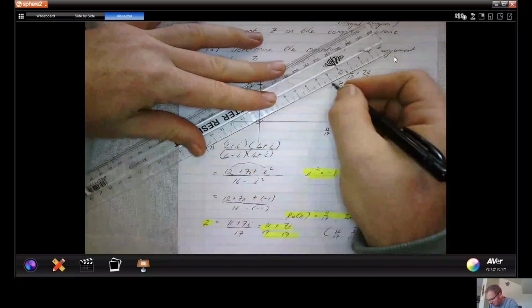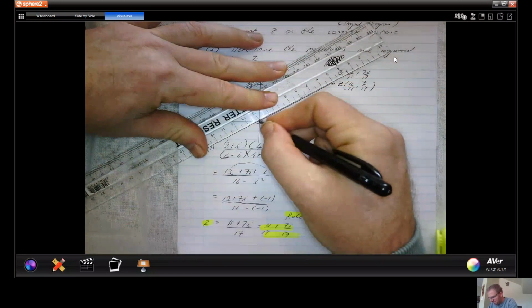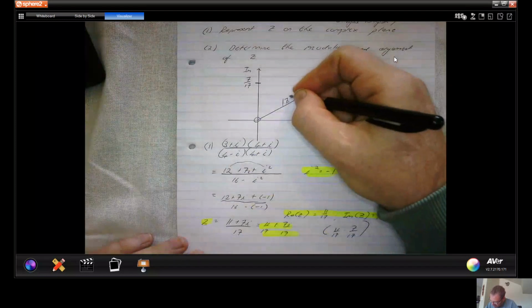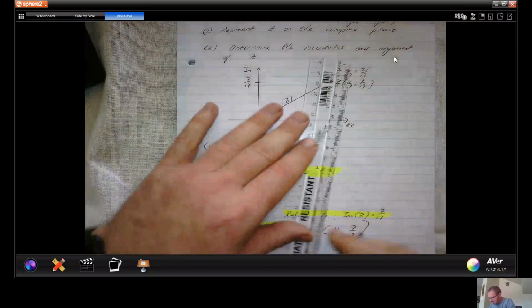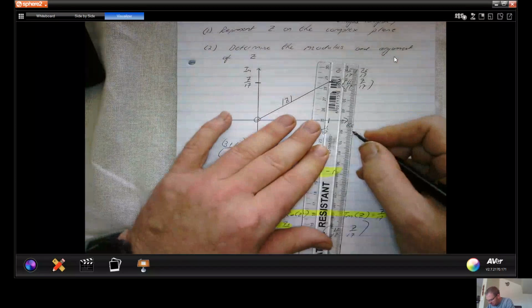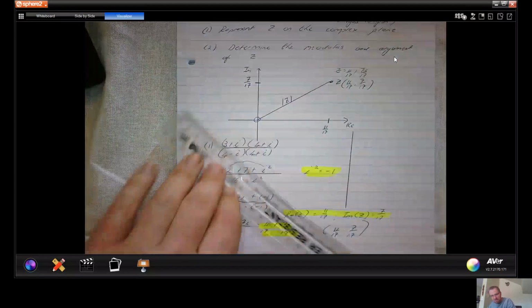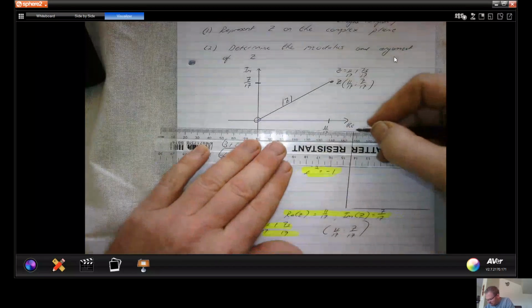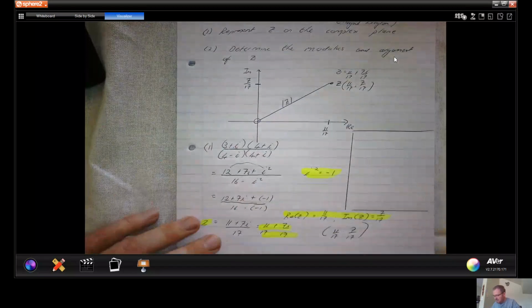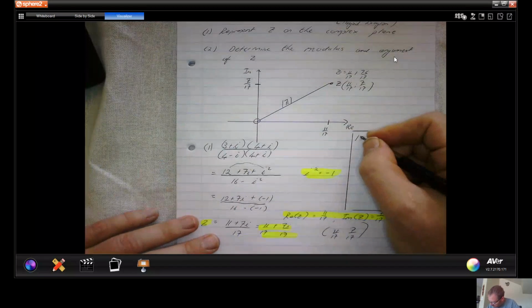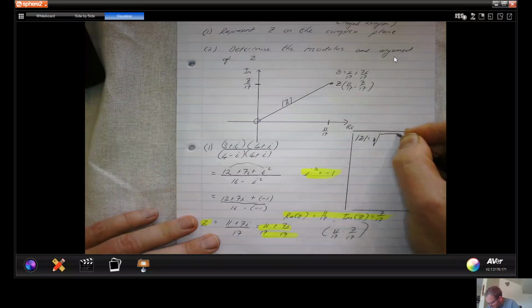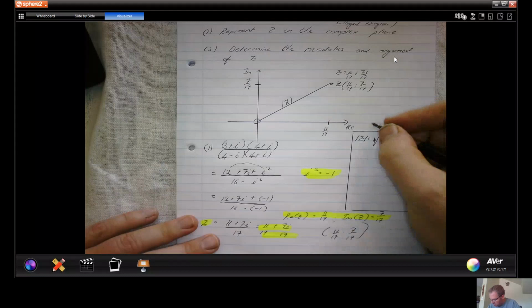Okay, so to do that, I'm going to draw in this diagram. It's going to get some ugly numbers, but that's okay. Here's Z. We're going to have the modulus of Z, I'm going to skip a few steps, is going to be the square root of, using the fact that r squared is equal to x squared plus y squared.